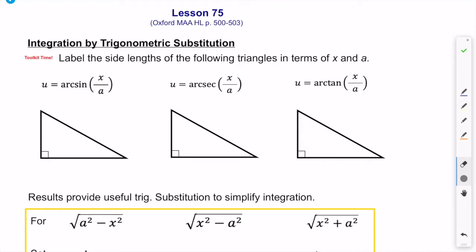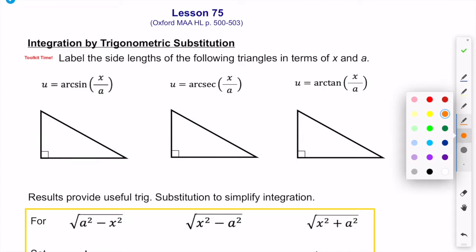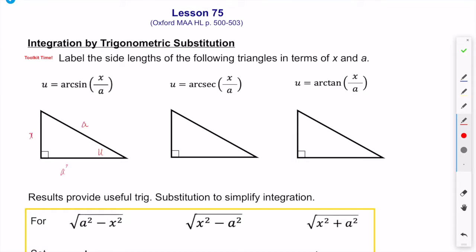Okay, so assuming that you have tried these questions, I'm going to start labeling these diagrams. I will let the bottom angle be u. Arc sine is opposite over hypotenuse when I look at x over a. So x is here, a is here, making the square root of a squared minus x squared at the bottom.